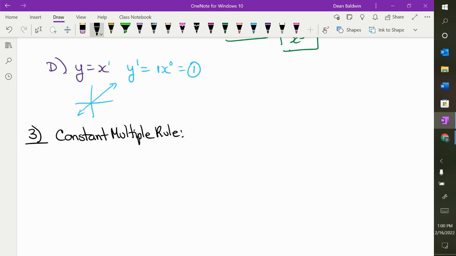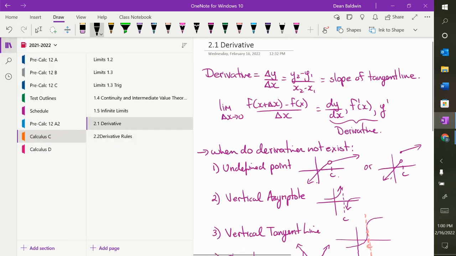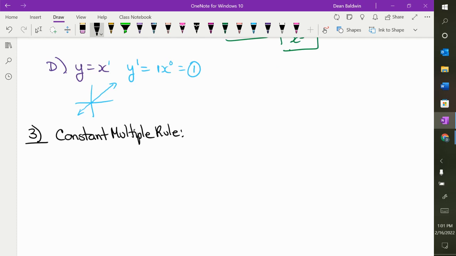The derivative is a limit, correct? Yes, right? Because this is what we had from right there. If I have a constant here, what are you allowed to do using the limit properties with constants? You can pull them out, right? So if the derivative is a limit, and in limits I'm allowed to pull constants out, what am I allowed to do in derivatives?